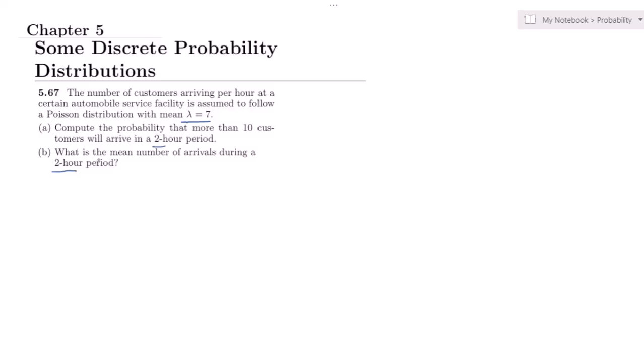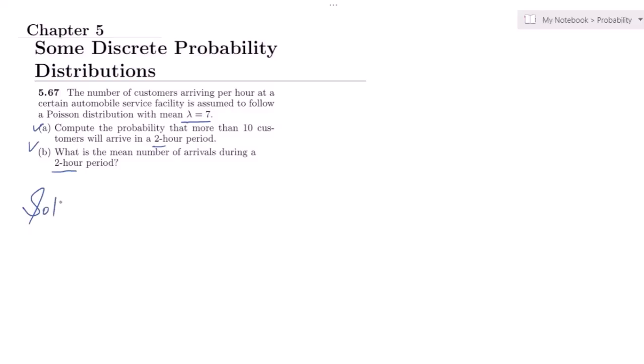Okay, so one common thing in part A and part B is this 2-hour period, because 7 is the average number of customers in a 1-hour period, but we have to find it in part A and part B for a 2-hour period. Therefore, let me first solve part B of my question.